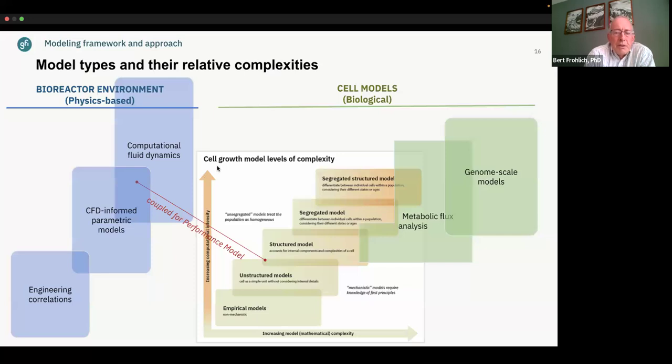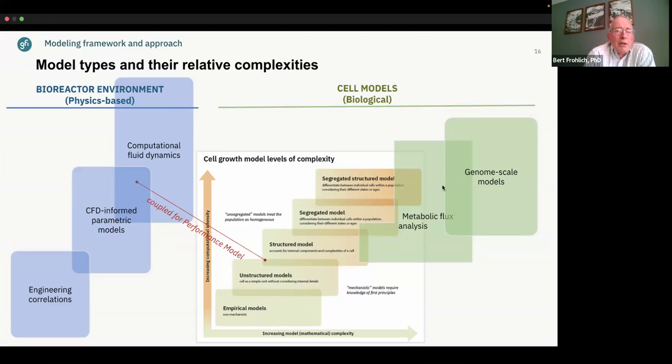And even though some of the more complex biological models that are used in the biochemical engineering field, segregated and structured models, are still fairly simple compared to things like metabolic flux analyses and genome scale models, which have recently started to be published. It's not the subject of this, but we just wanted to point out that those are out there and certainly have use.